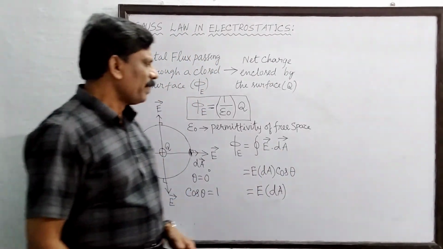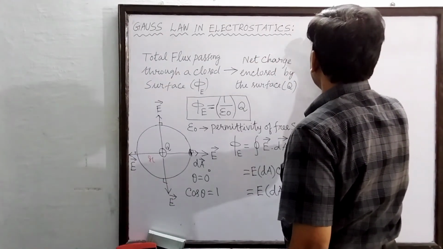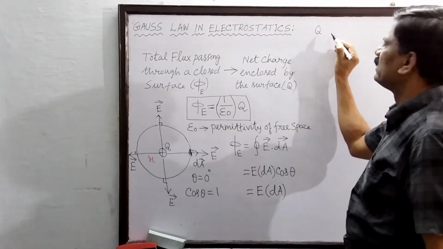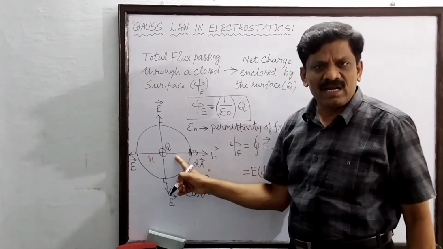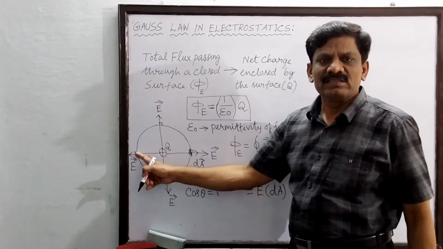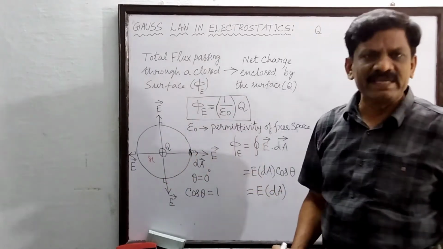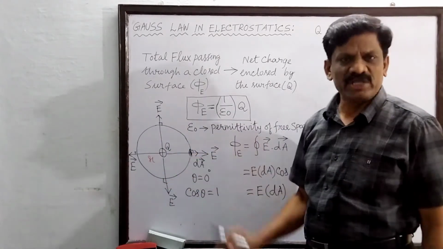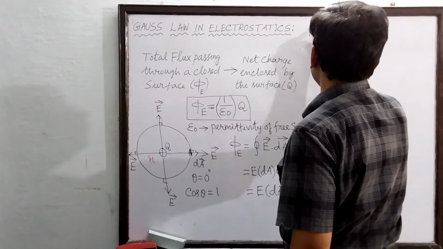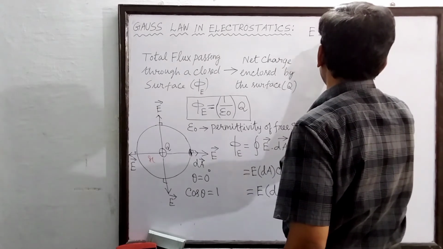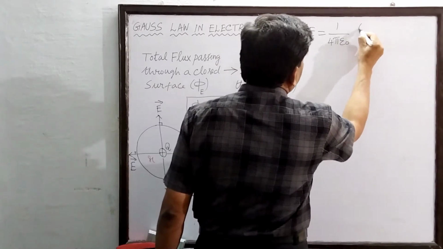Now I am going to recall the electric field due to the given charge Q. You see here the radius of the sphere is r. So at a distance r, that is at any point on the surface of the sphere, what will be the magnitude of the electric field due to the given charge? The given charge is Q, so its electric field is E equal to 1 by 4 pi epsilon naught into Q by r square.